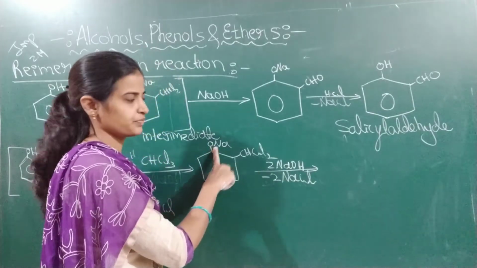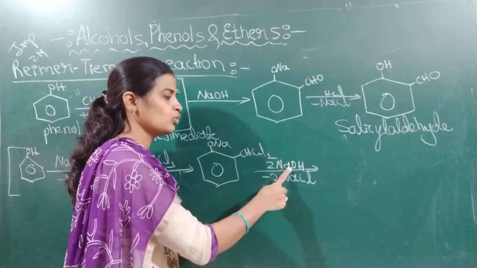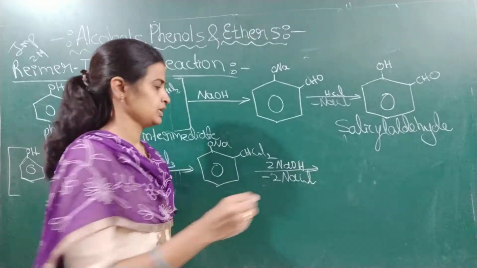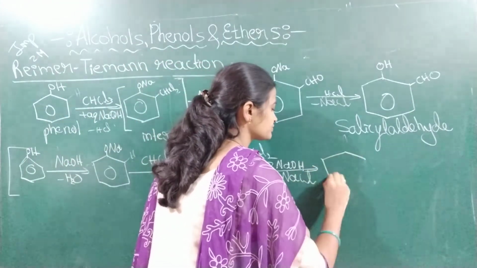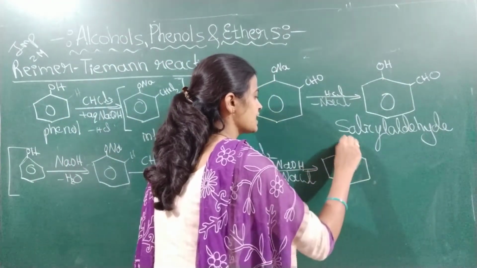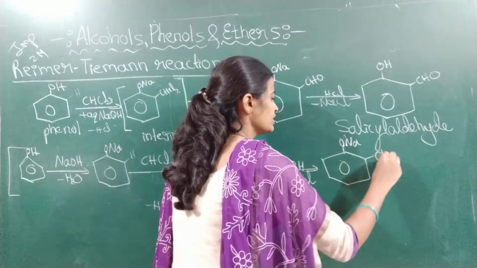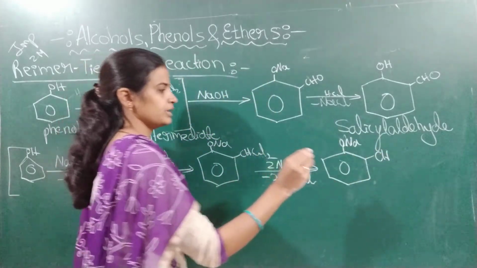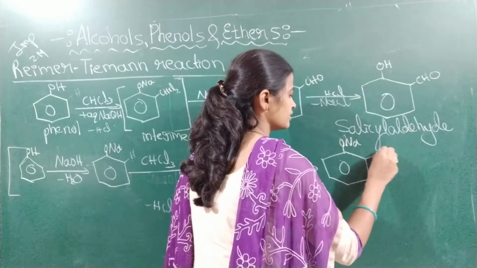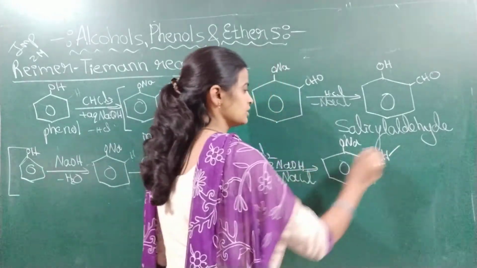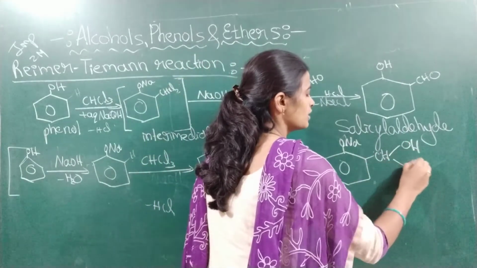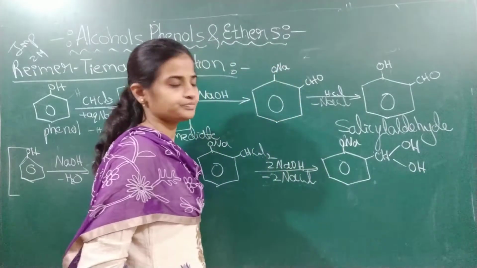This is as it is. Now what are remaining? 2 OH groups are remaining, yes or no? Yes. Now this is as it is. Okay, CH is remaining, Cl2 eliminated, isn't it? And to this CH, one OH is attached.